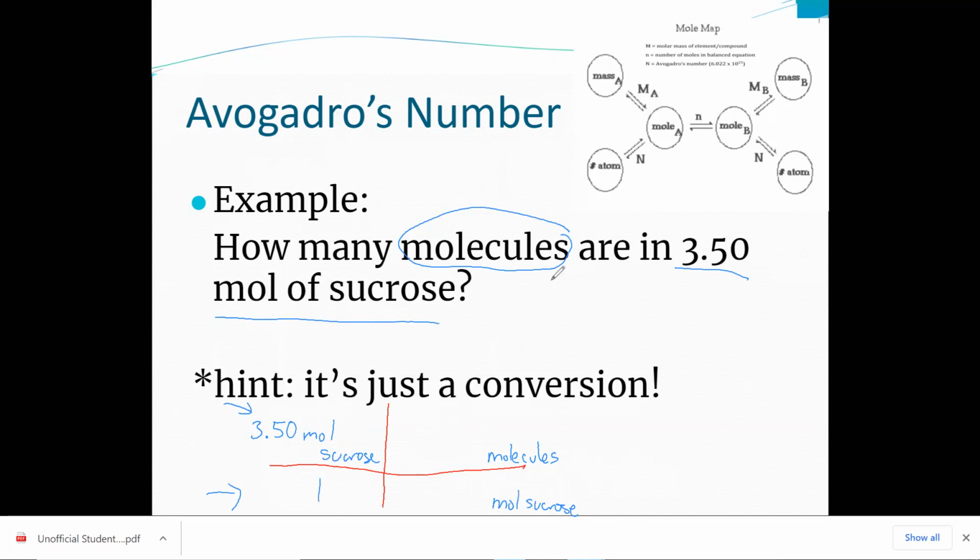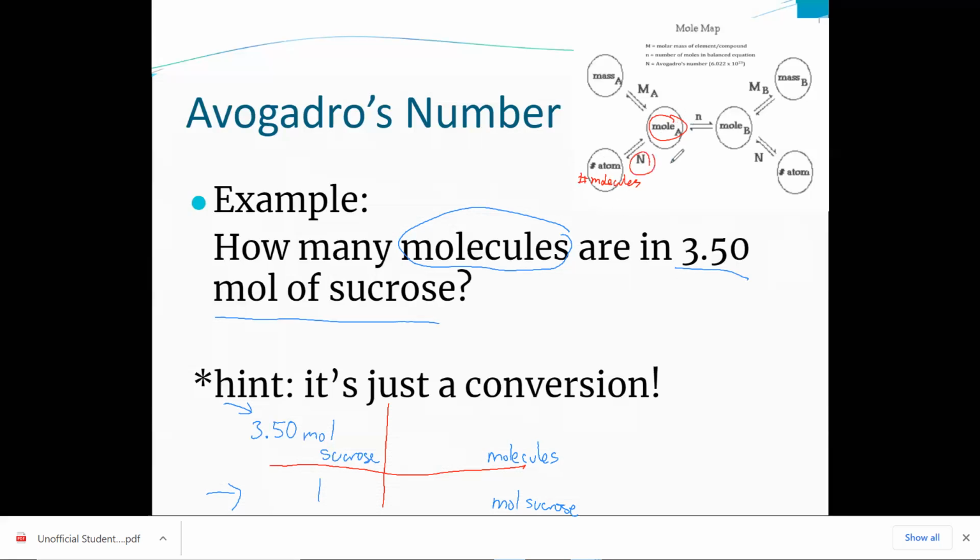Okay, now all that's left is to fill in our conversion factor. So if we look back at our handy mole map up here, I'm trying to convert from moles to molecules, which I'll grant you is not on this chart, but when I give it to you in class, I'm going to have you write number of molecules right underneath there, because you can not only convert from moles to atoms, but you can convert from moles to molecules in that same way.